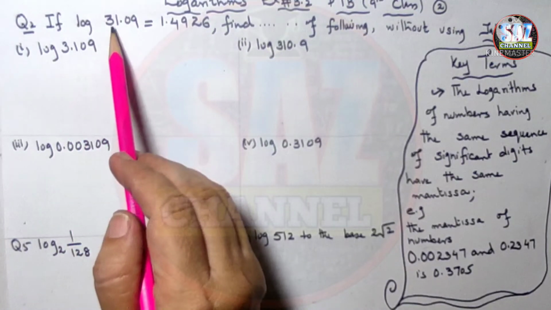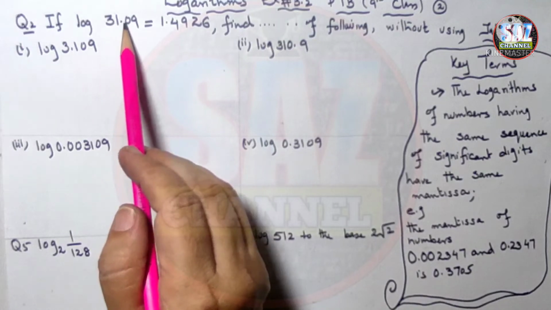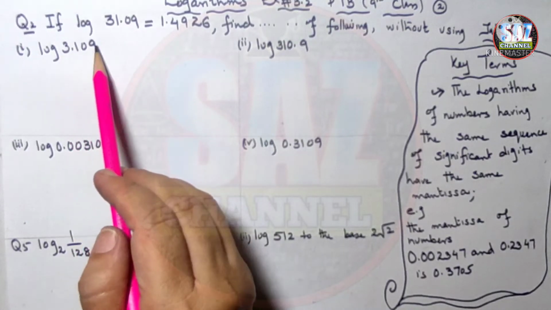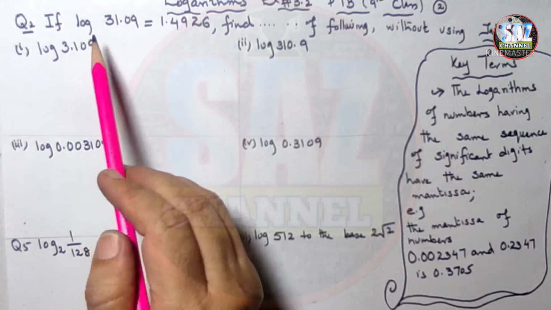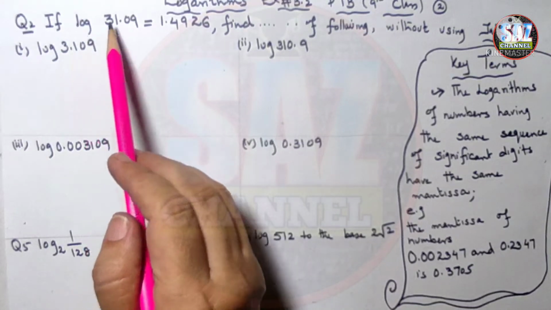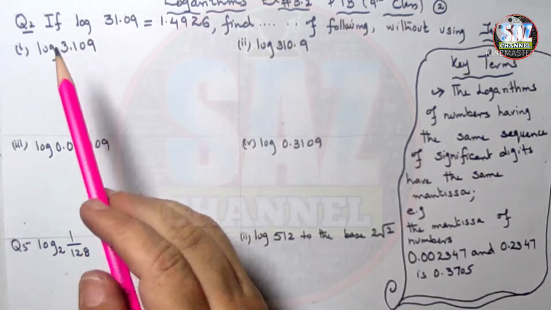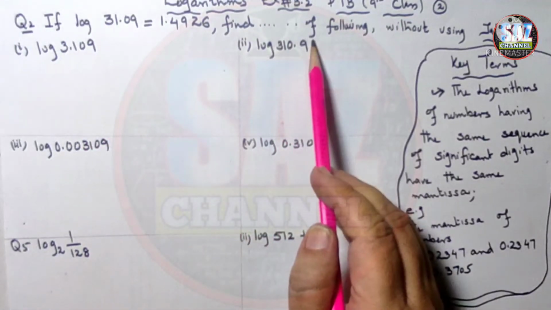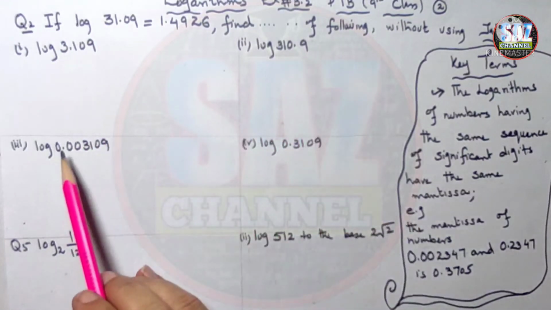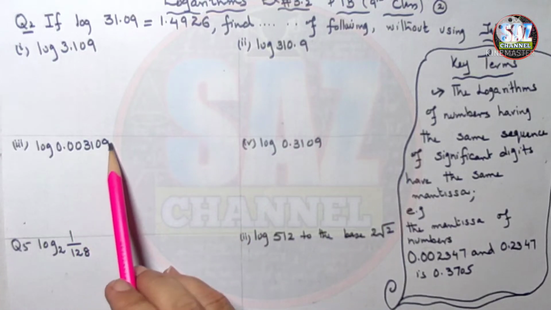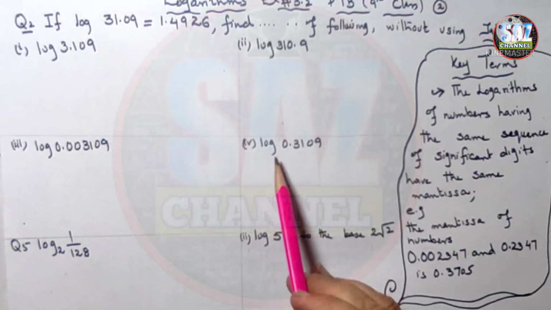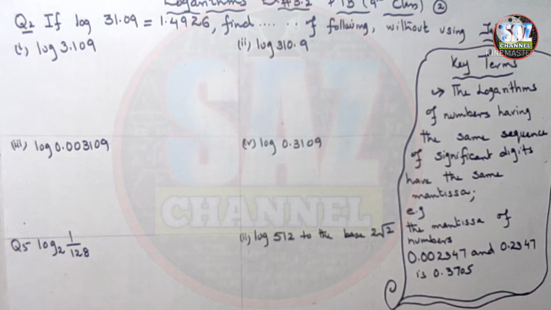If we look at the original question, the digits are 3109, and 310.9 and 0.003109 also involve the same digits, with the same number of significant digits and in the same order. So what can we conclude?